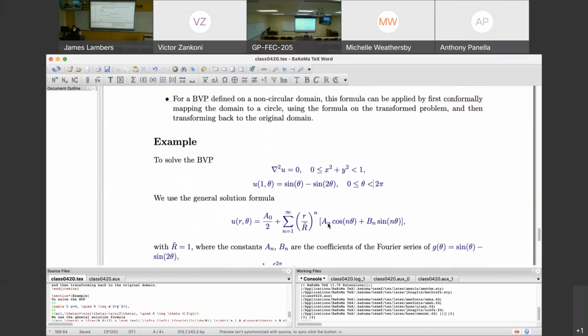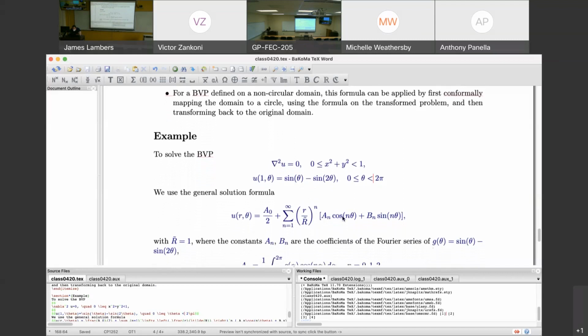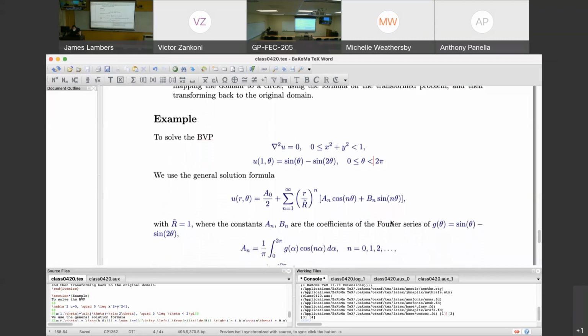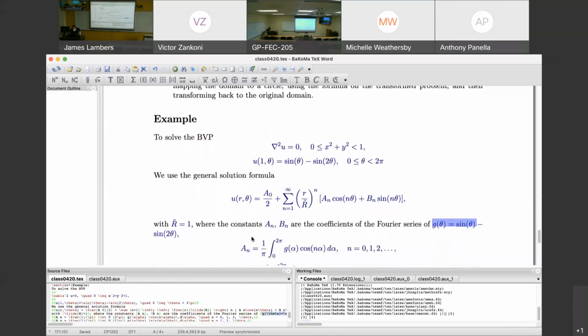And then the coefficients, a_n and b_n, are the Fourier series coefficients of our boundary data, sine theta minus sine 2 theta.